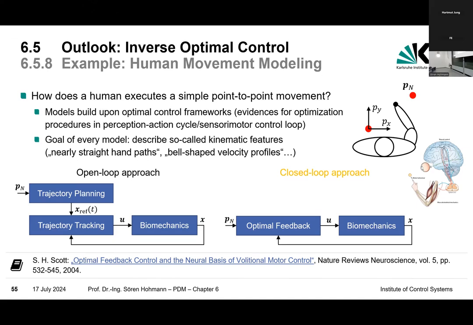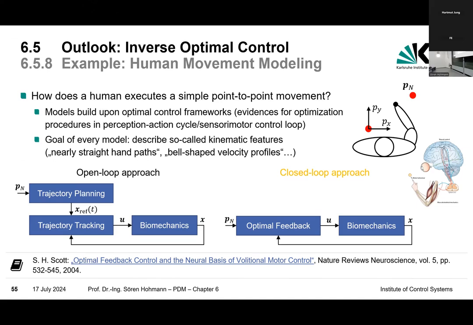And the latest, or almost latest approach, before completely different on the right-hand side, was the following. Well, the human first looks at the scenery, A and B. I want to go from A to B. He produces a trajectory in his brain, and then it's trajectory tracking, like a tracking control.